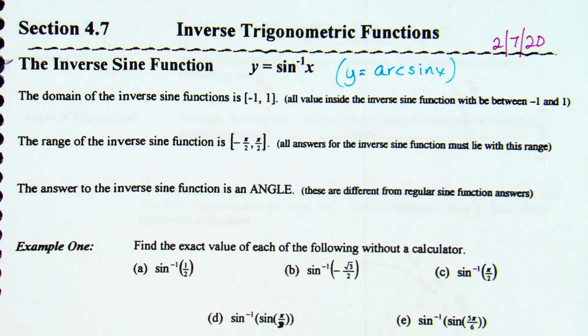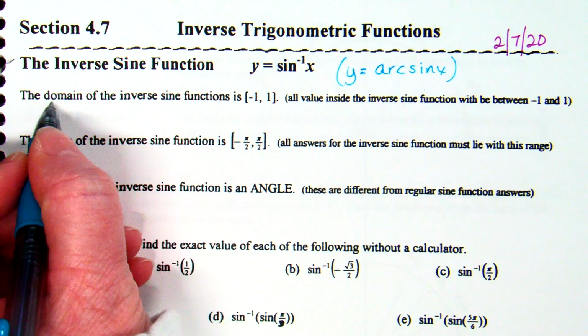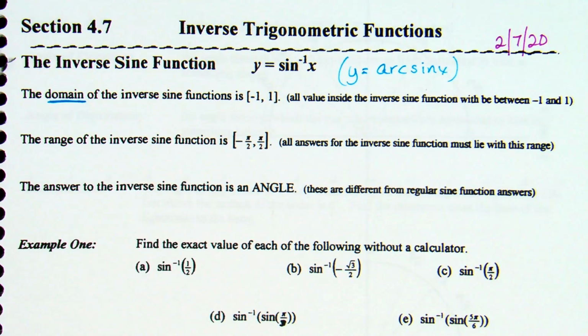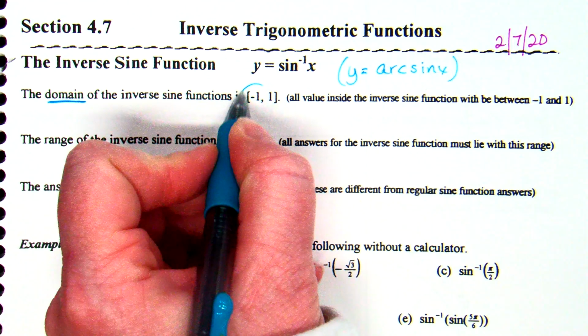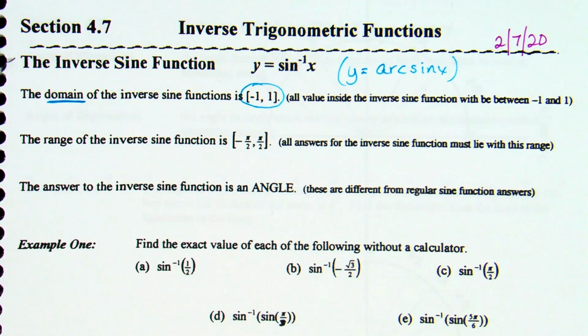Now, as we talk about sine, we're going to talk about domain and range. Okay, and the domain of the inverse sine function. So when we talk domain, that is your input, right? Your input of the inverse sine function is negative 1 to 1. That means you can find sine inverse of anything between negative 1 to 1.